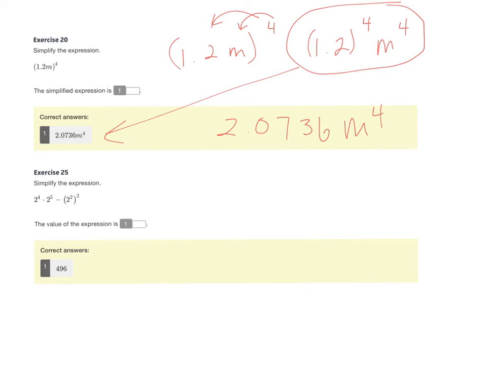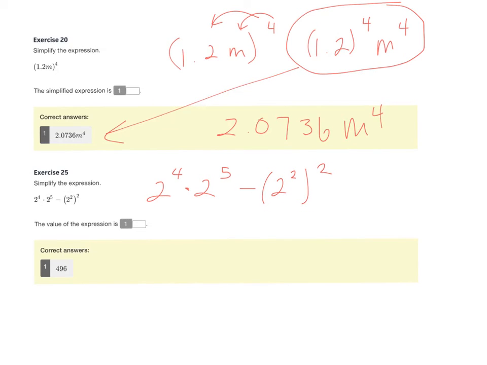Question number 25, we've got 2 to the fourth times 2 to the fifth minus 2 to the second raised to the second. So we're going to try and use order of operations. So the first thing is any parentheses. And we do have parentheses, so we can take care of this part right here first, right?